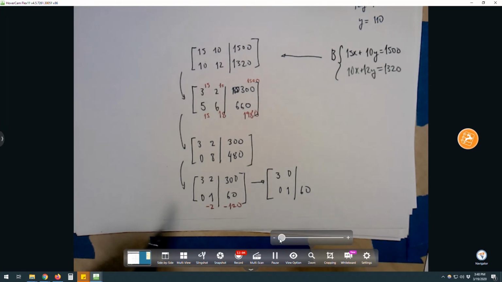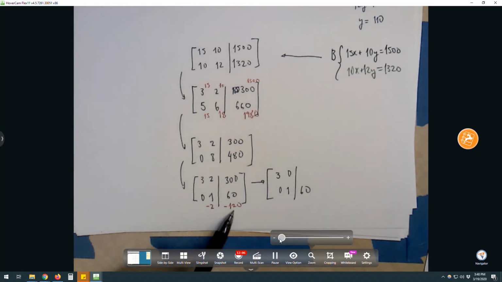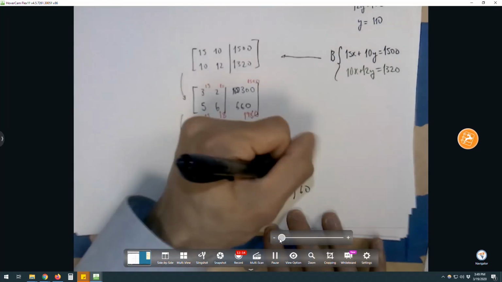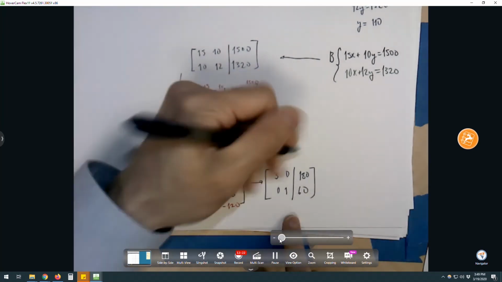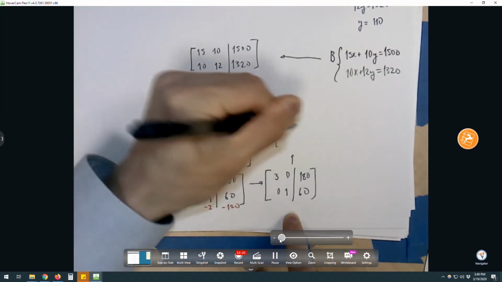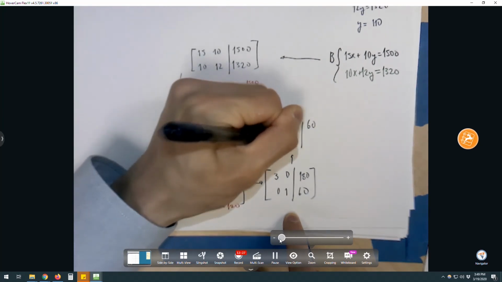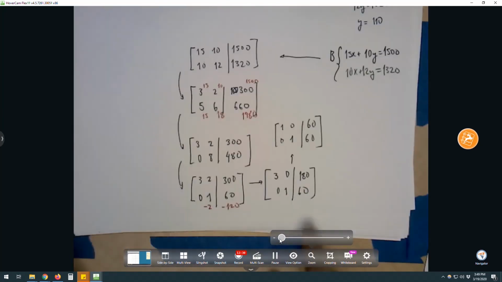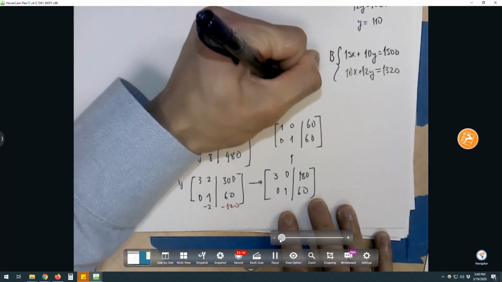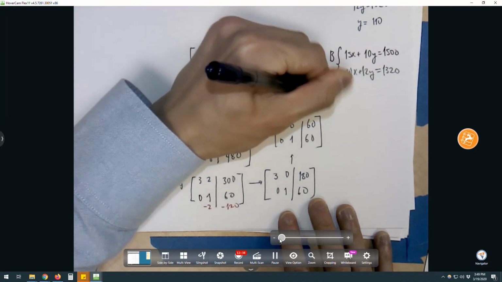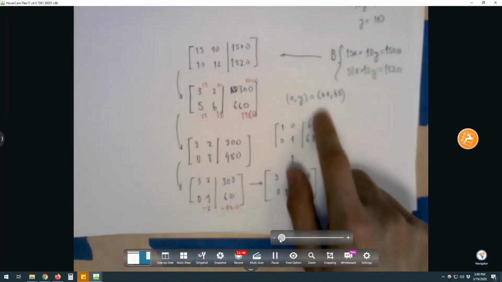If you want to do my trick, 120 to 200 is 80, and then 200 to 300 is 100, so that's just going to be 180. Not too bad here, I don't need a calculator. And then we just divide by 3. 1, 0, divide by 3, that's 60. 0, 1, 60. So this might not have been the fastest way, but now that we know the solution, x, y equals 60, 60. So now we know what b is. It's 60, 60.